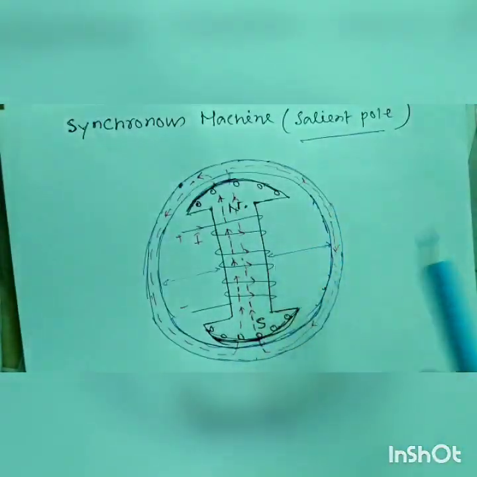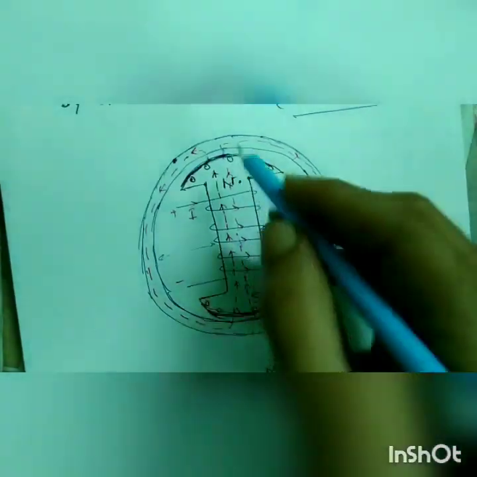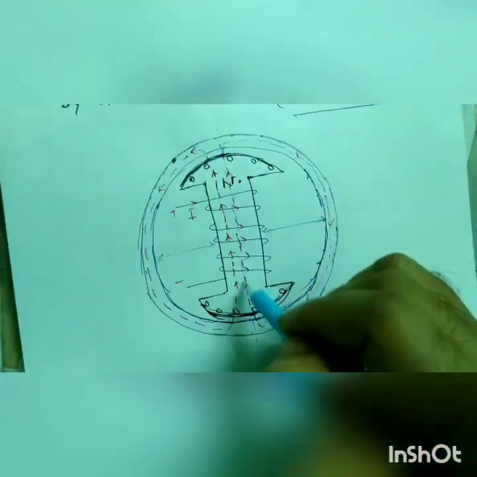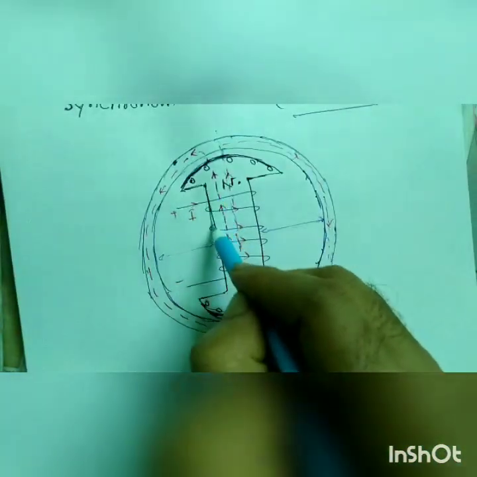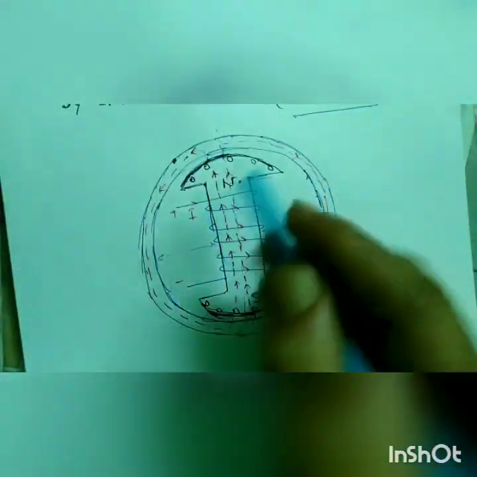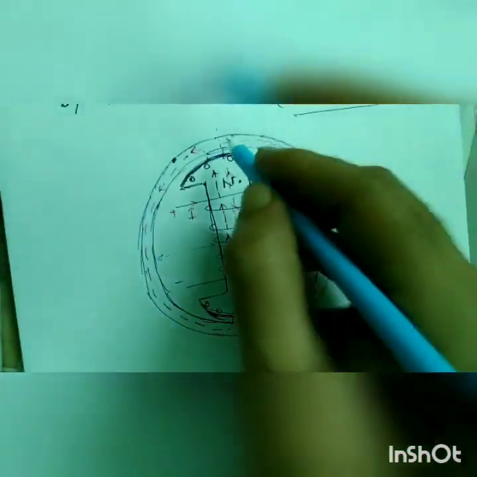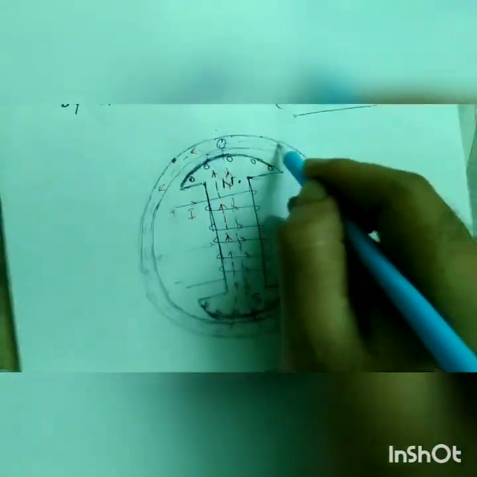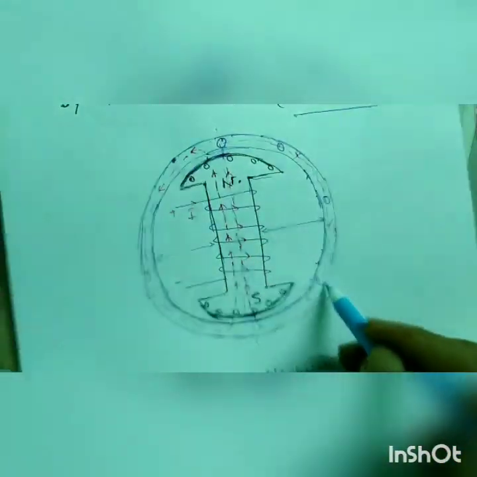So in synchronous machine, this is the direct axis of the pole. This is the main pole and this is the stator. In the stator there are stator windings like that.